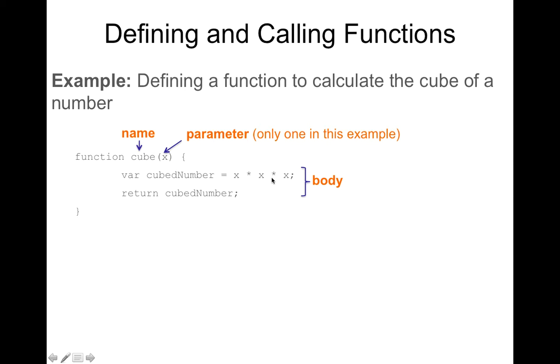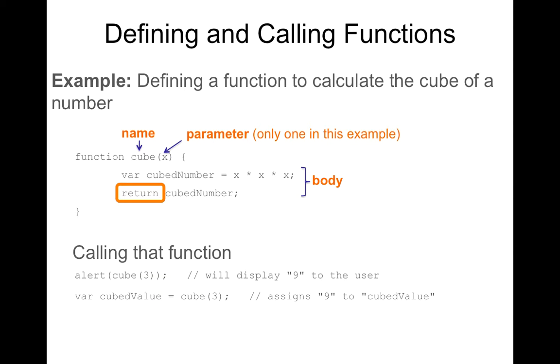Then in the body of the code, we do the computation, x times x times x, and we assign that value to a variable cubedNumber. The last statement that we execute before the function returns is this return statement. So that's how you define it.